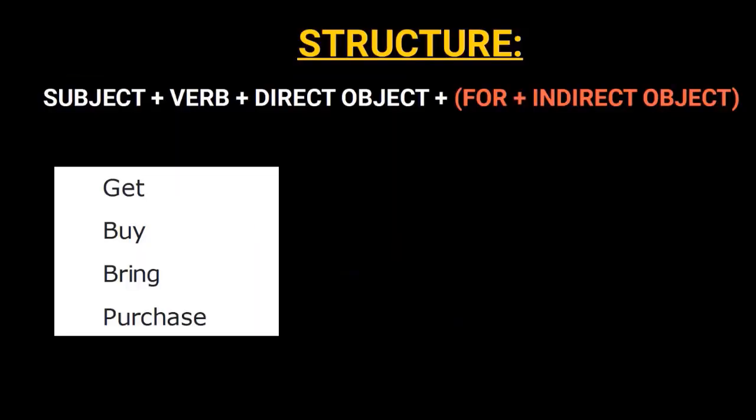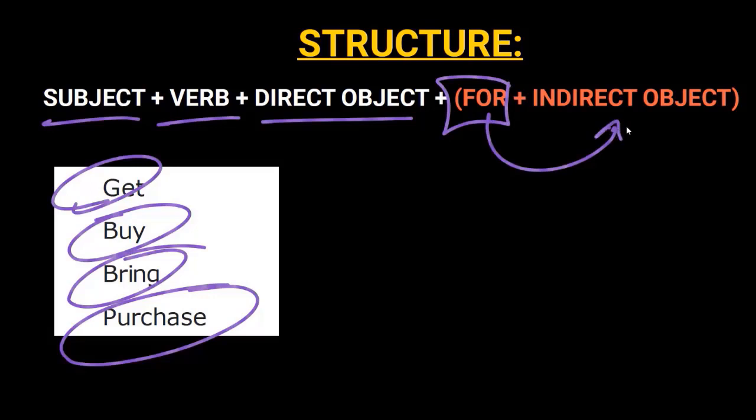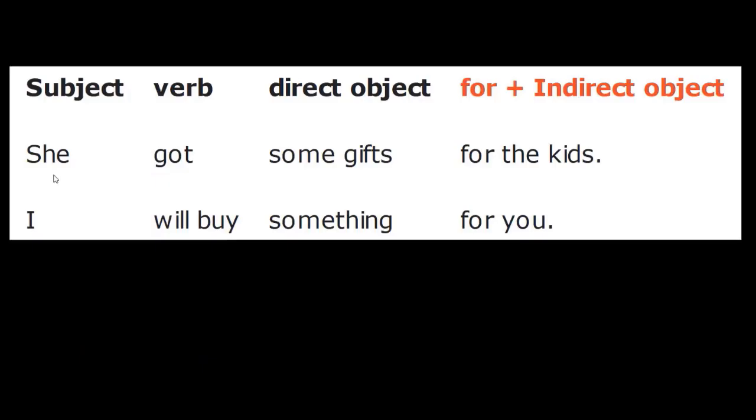Now, these are the verbs get, buy, bring, and purchase that are going to take the preposition for if you place the direct object before the indirect object. Subject, verb, direct object, then the preposition for, and then the object of the preposition for, which is originally the indirect object. We know that, right? Examples. She got some gifts for the kids.